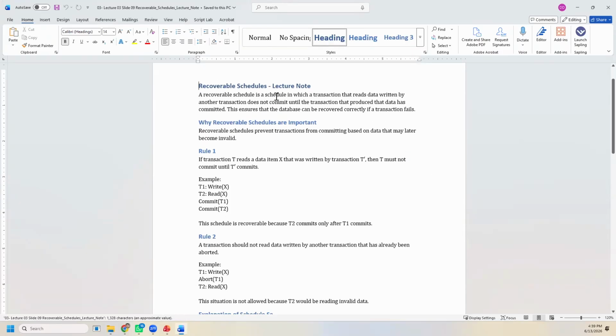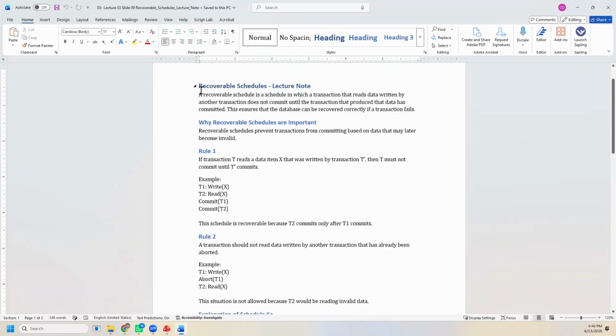Here, a recoverable schedule is a schedule in which a transaction that reads data written by another transaction does not commit until the transaction that produced that data has committed. This ensures that the database can be recovered correctly if a transaction fails.